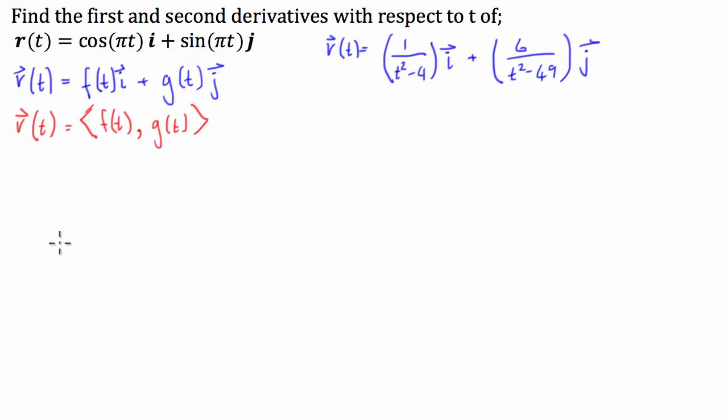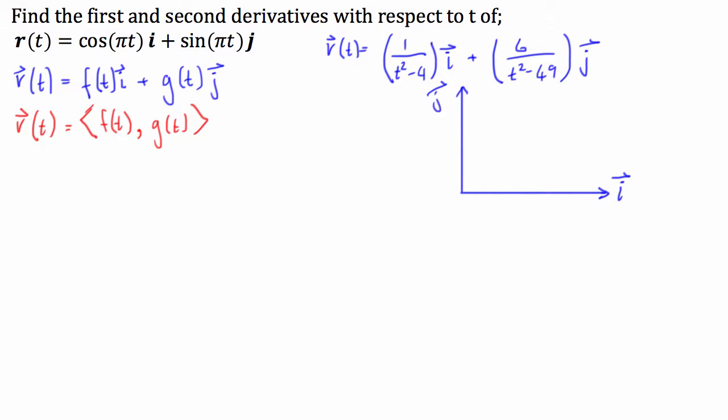Now, as I said before, in a vector function, the components of the overall function r act independently of each other. The component for the i vector is acting in this direction, and the component for the j vector, or the positive components anyway, is acting in this direction. So they don't have any effect on each other, and as a result, we can differentiate them separately.